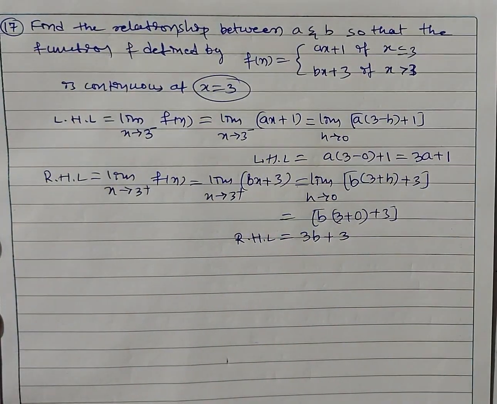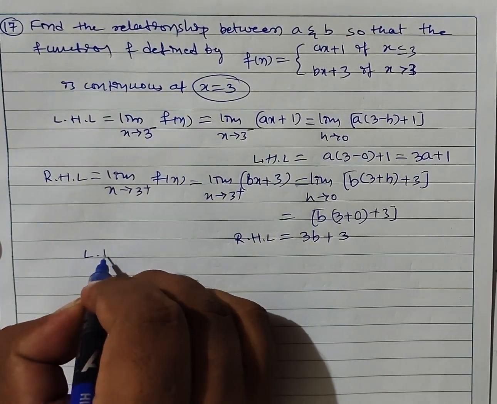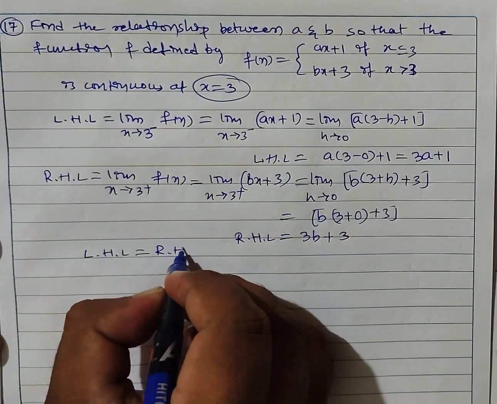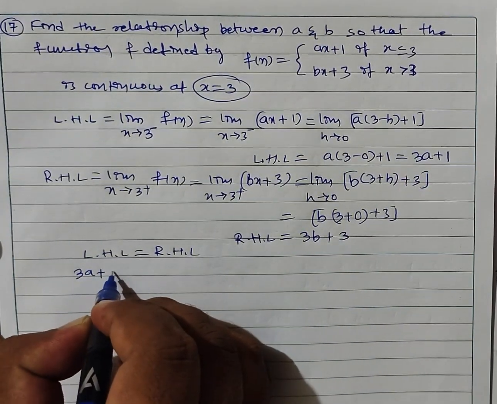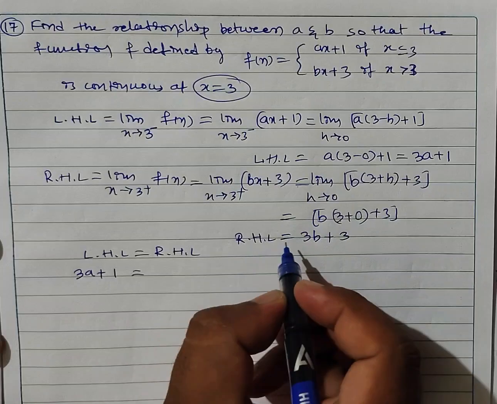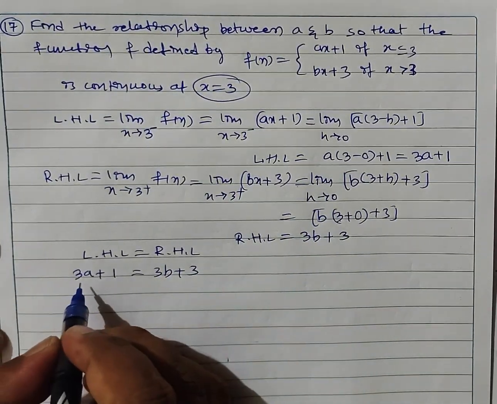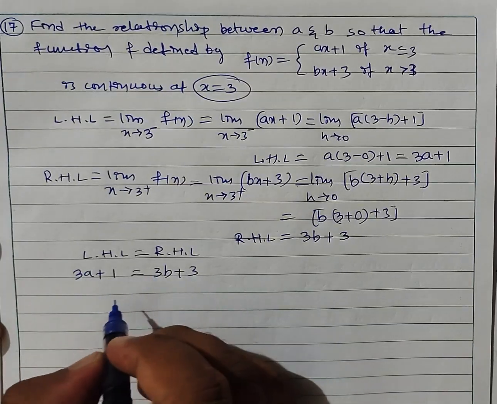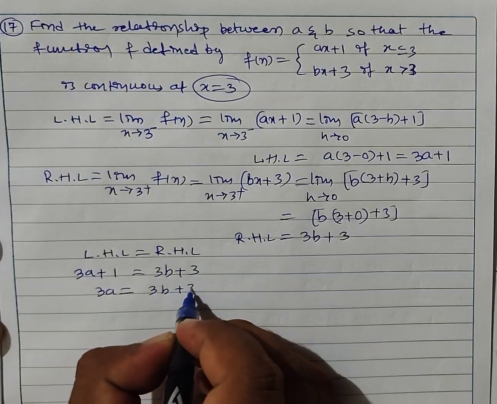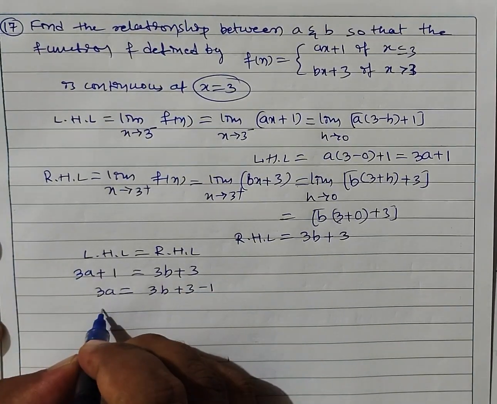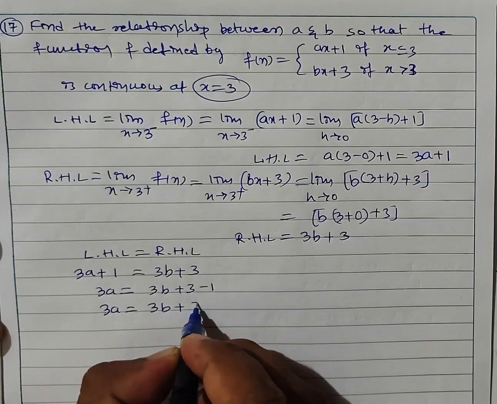Okay. So the function is continuous at x is equal to 3 means what? Left hand limit is equal to right hand limit. What about the left hand limit? 3a plus 1 equal to, what is the right hand limit? 3b plus 3. Okay. So take 1 this side. 3a equal to 3b plus 3 minus 1. 3a equal to 3b plus 2.